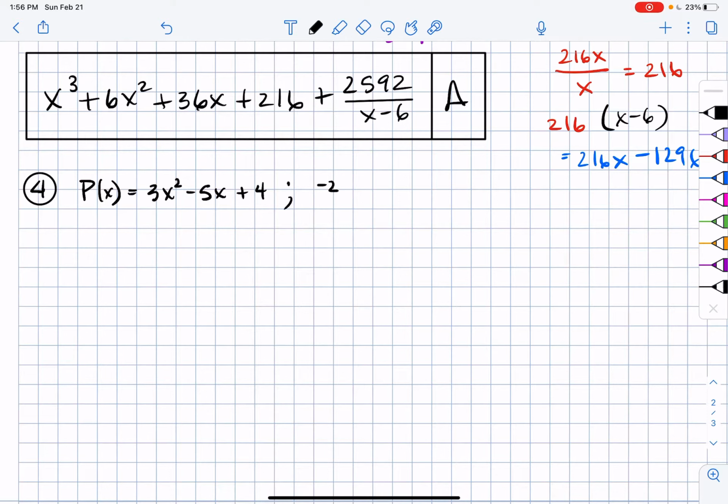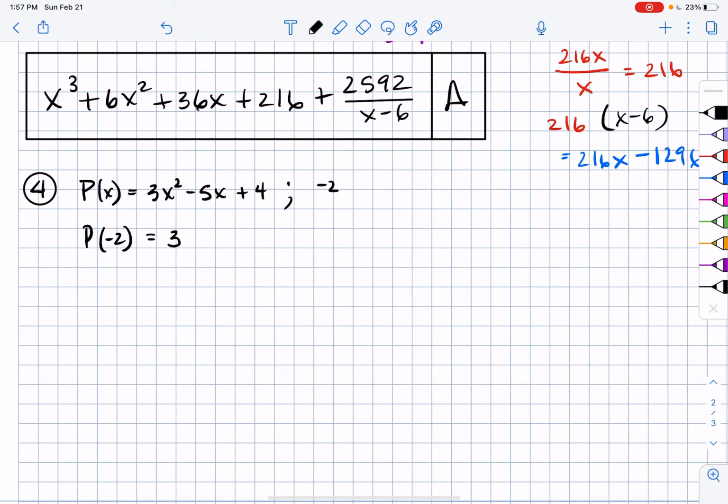It says for the given polynomial p of x and the given c, use the remainder theorem to find p of c. Meaning, what I'm looking for is p of negative 2.